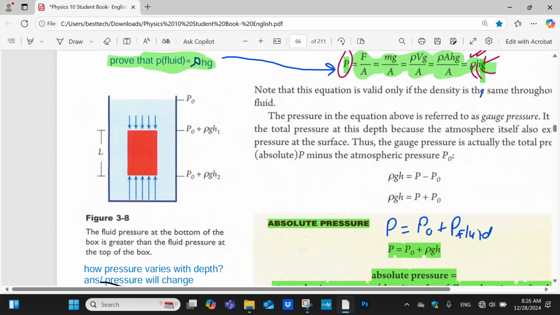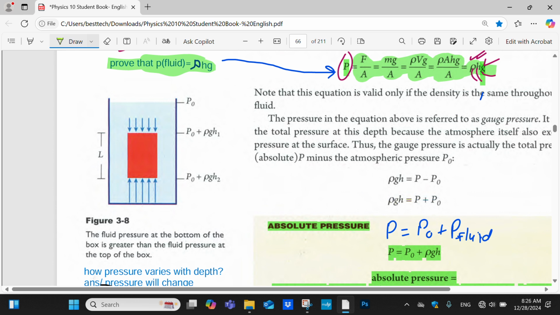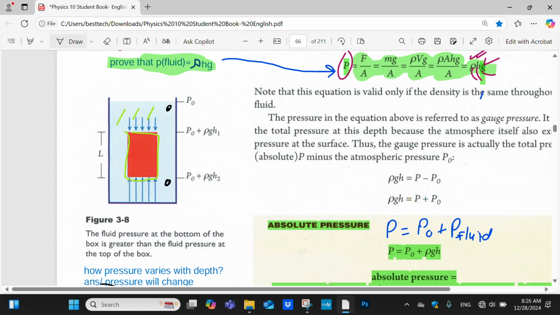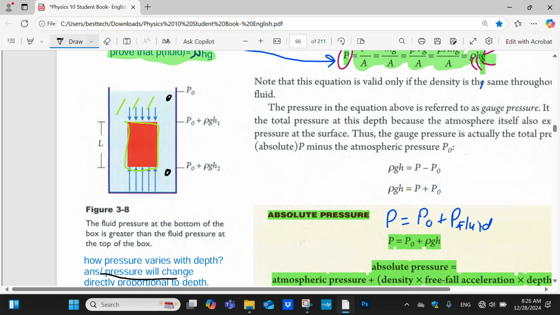Look at this picture. We have this object, this brick, inside the water. Let me select two points inside the water, for example this point and this point. In which one of them do we have more pressure? The correct answer is that at that point we have more pressure.